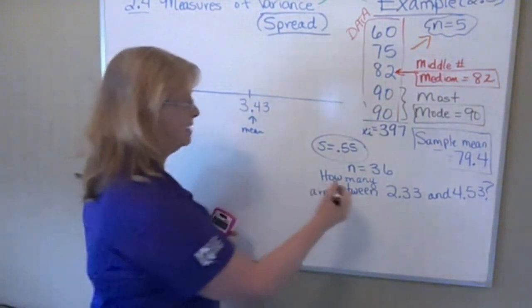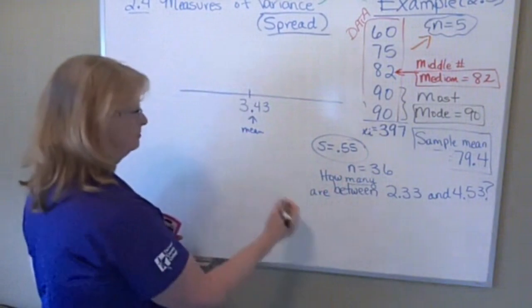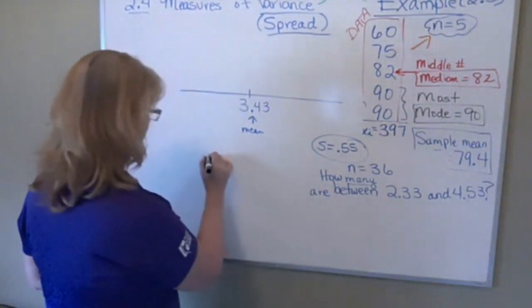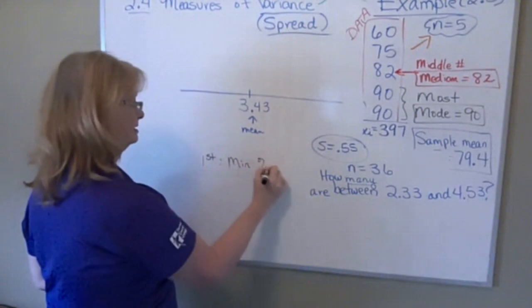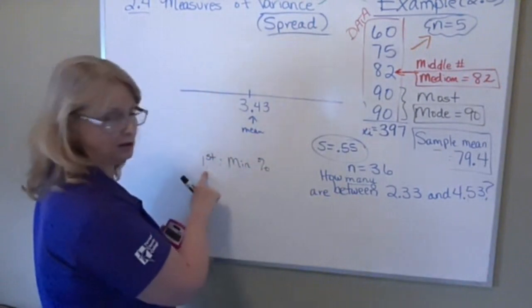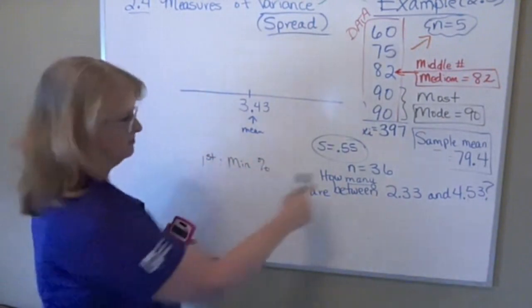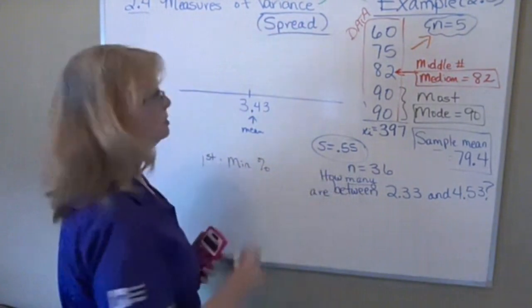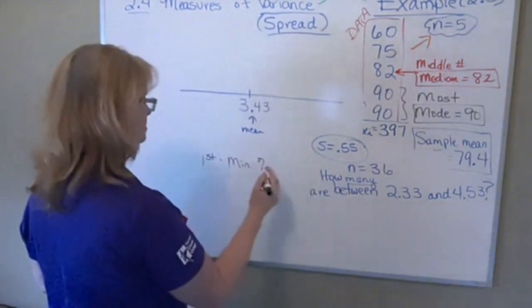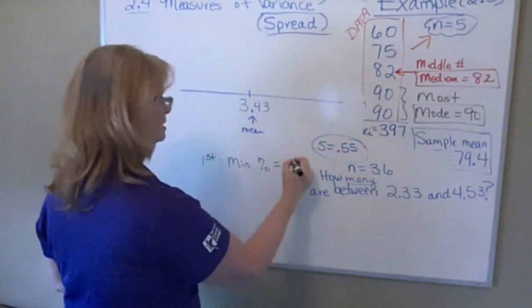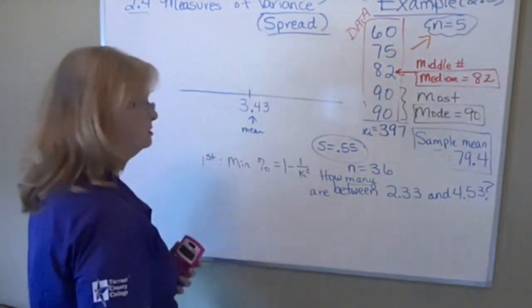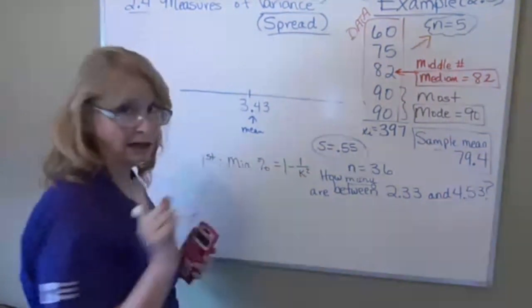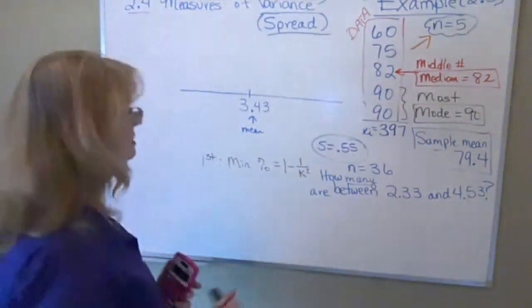The first thing I'm going to do, before I find how many, is find the minimum percent first, and then I'll use that to find out how many. Okay, so I'm going to use Chebyshev's theorem, which tells me the minimum percent. I know the minimum percent is 1 minus 1 over k squared. So I've got to figure out what k is. Here's how you figure out what k is.